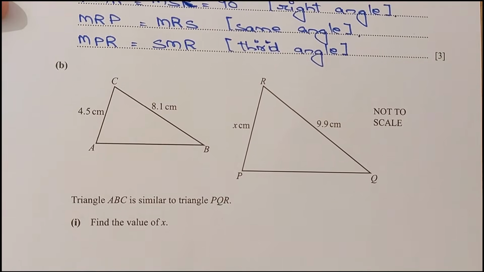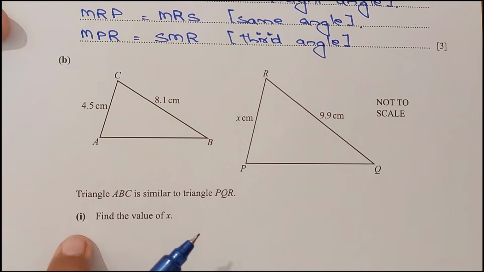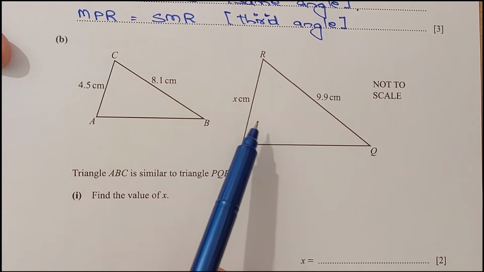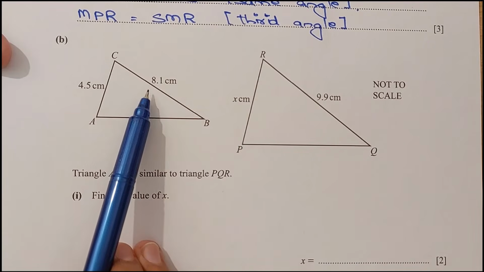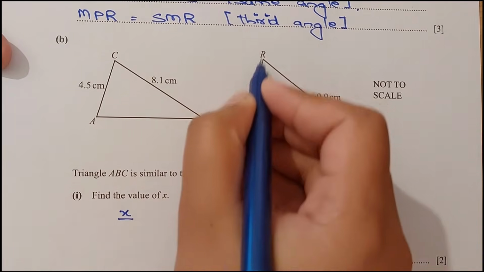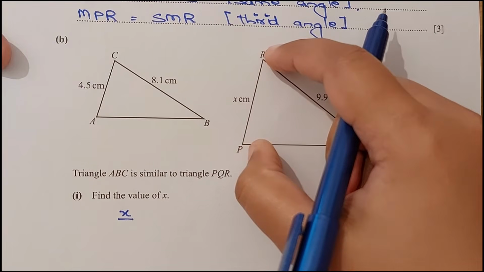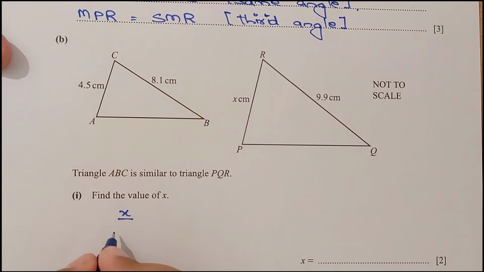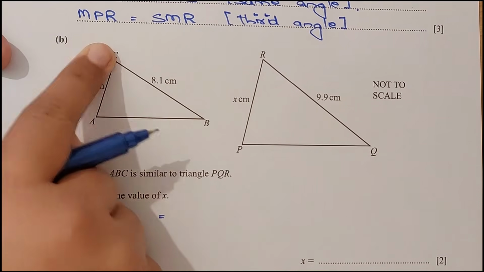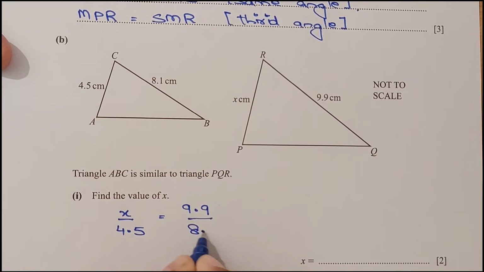Now for part B, triangle ABC is similar to the triangle PQR. This is ABC, this is PQR. Now part 1, find the value of x. When they are similar, the ratios of their corresponding sides are same. So x ratio this equals 9.9 ratio this, right? This side is x and its corresponding side is 4.5 for PR. So x over 4.5 equals 9.9 over 8.1.